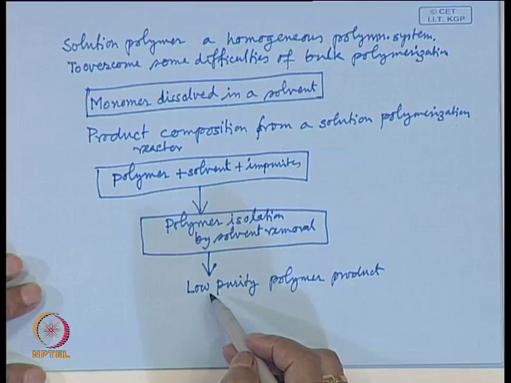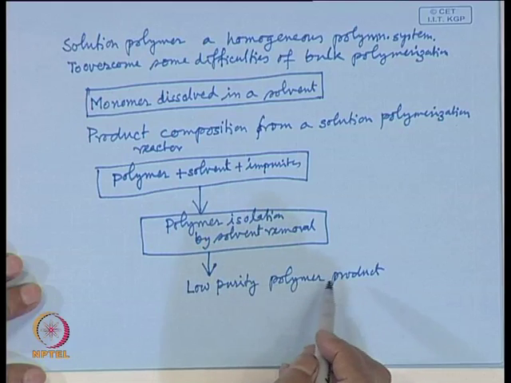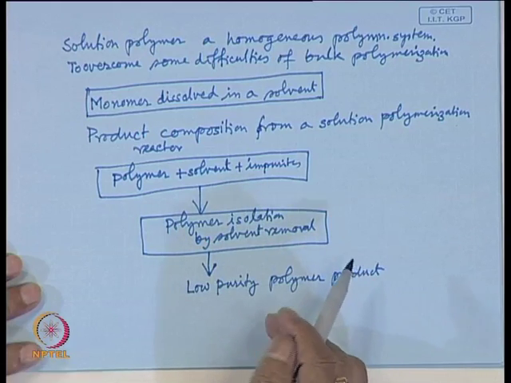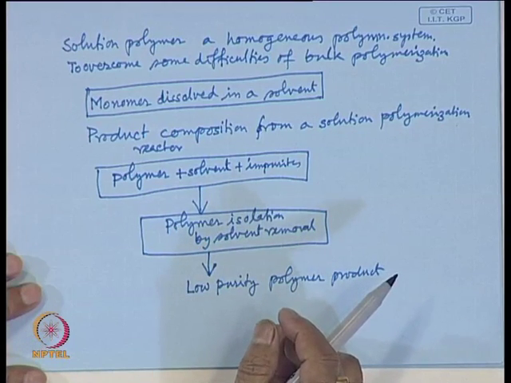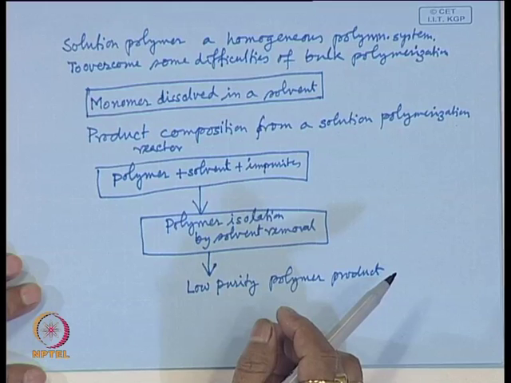Apart from this, if we do not need to isolate the polymer from the solution, we can directly use it. Say the polymer is manufactured for the purpose of surface coating, the paint industry. For the paint industry, we can synthesize the polymer by the solution technique.